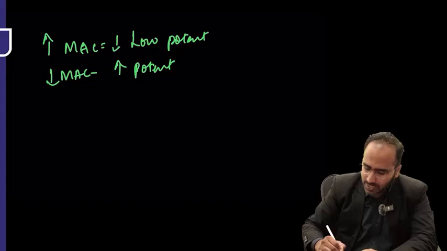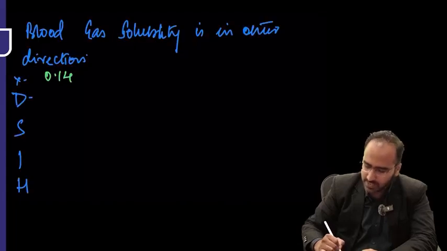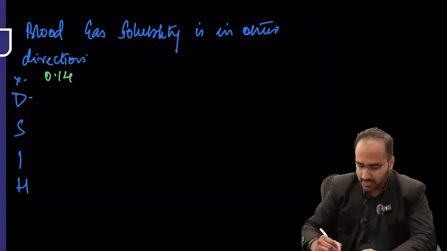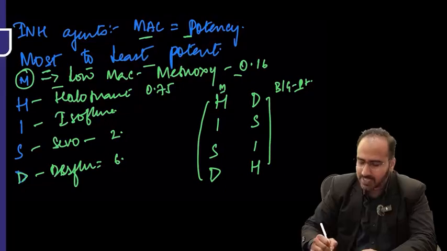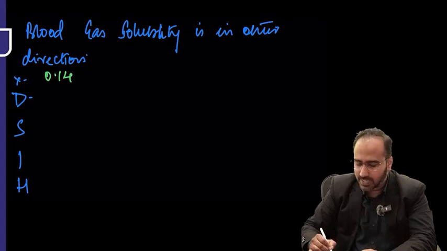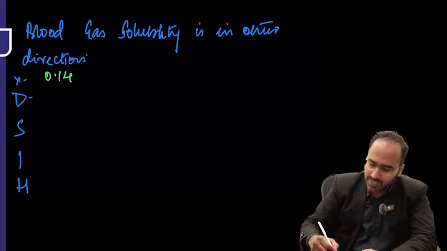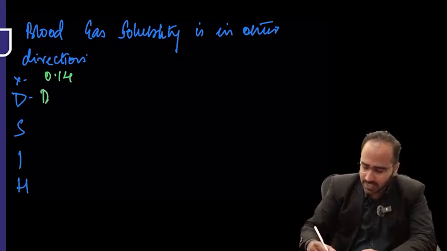So I told you guys, for blood gas coefficient, DSIH, you have to remember. Remember, HISD is for the most potent to least potent. And this is for what, guys? This is the speedy onset to slow onset, right? So over here, D stands for what? Desflurane.